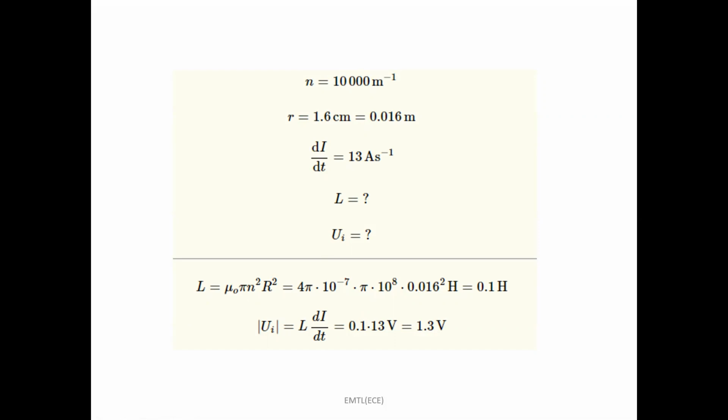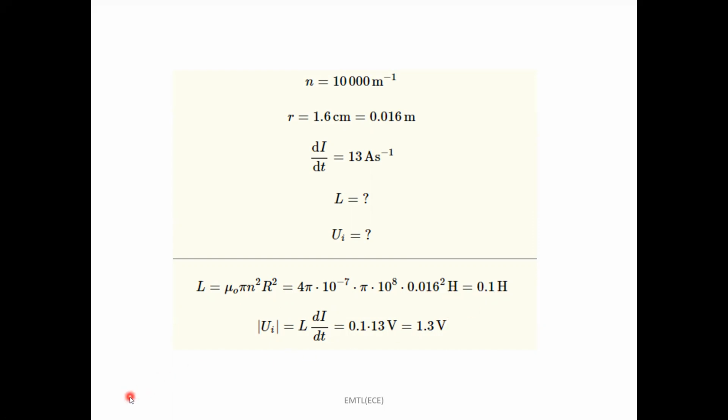Now R squared is 0.016 whole squared. The unit of self-inductance is Henry. By calculating all these values, 4 pi into 10 power minus 7, into pi, into 10 power 8, into 0.016 squared, the value is equivalent to 0.1 Henry.